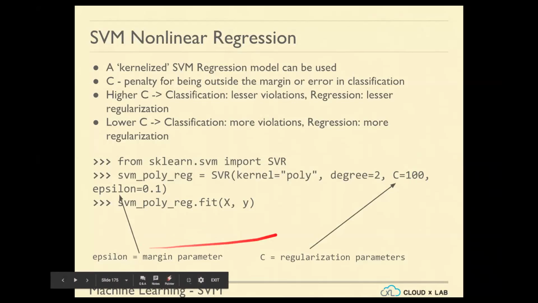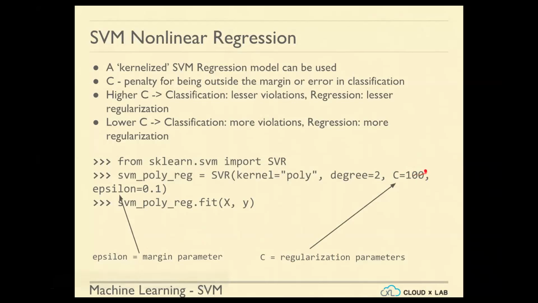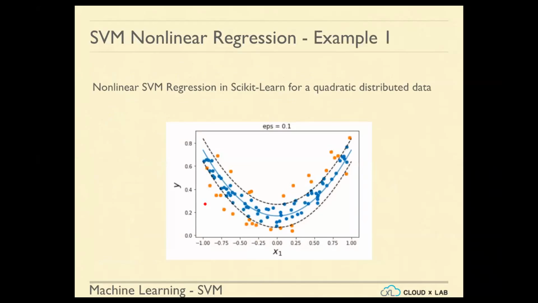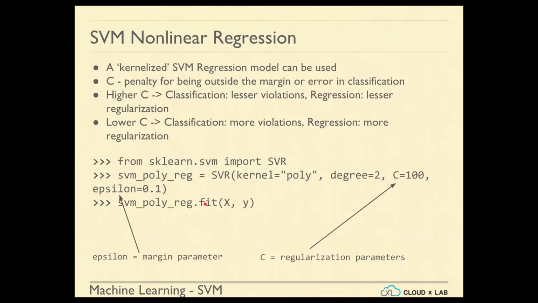Now here C is basically the regularization parameter. It's not the width of the street. It is basically a regularization parameter, while the epsilon is the one that is dictating the margin.